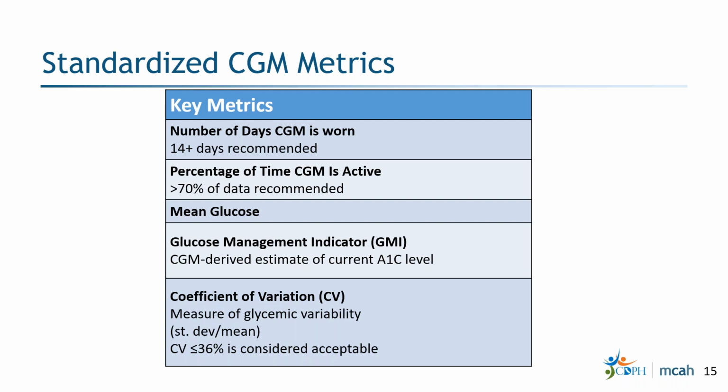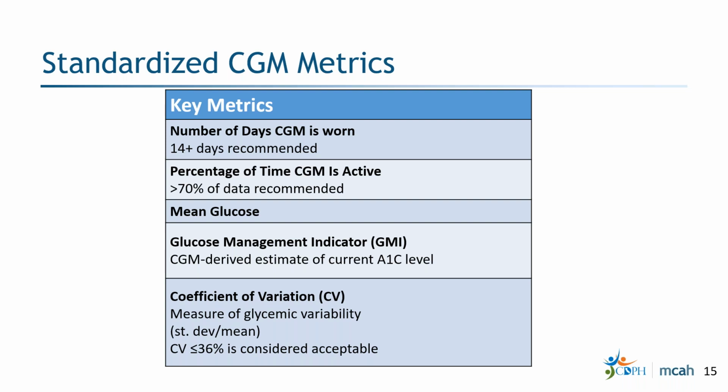And then the other very useful metric is this coefficient of variation. This is a measure of glycemic variability. And if you're wondering about the specific formula, it is the standard deviation divided by the mean glucose. And we are looking for it to be under 36%. And this is basically a marker of the roller coaster.